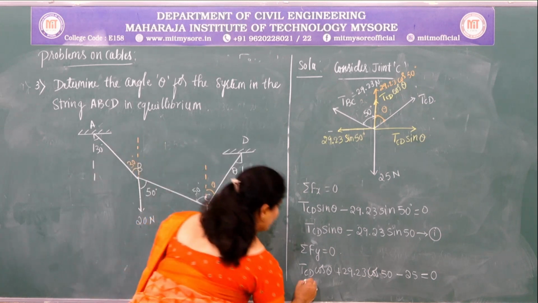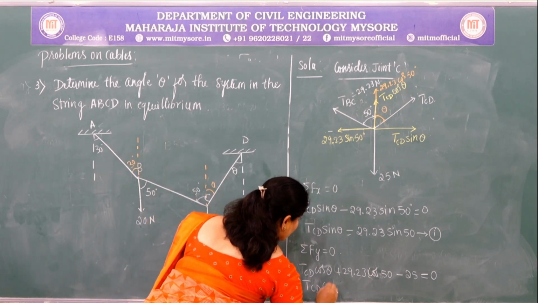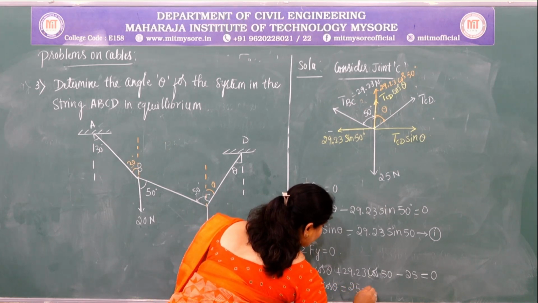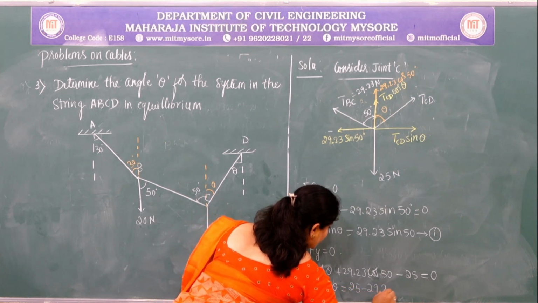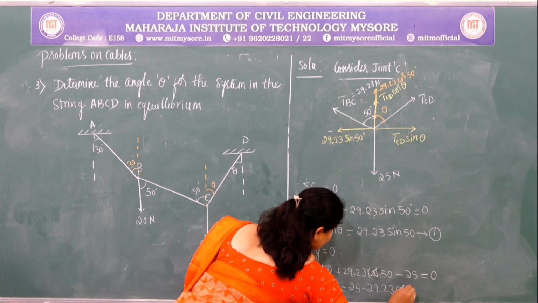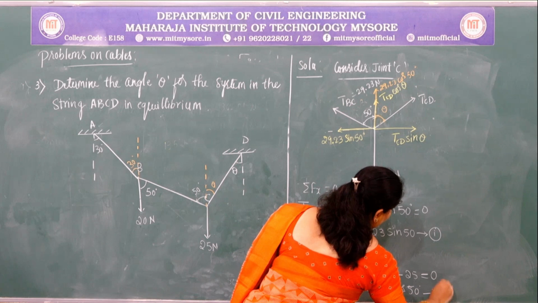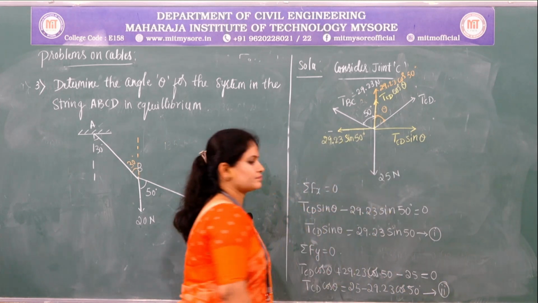Right. So now TCD cos theta will be equal to 25 minus 29.23 cos 50. So let us consider this as equation 2.